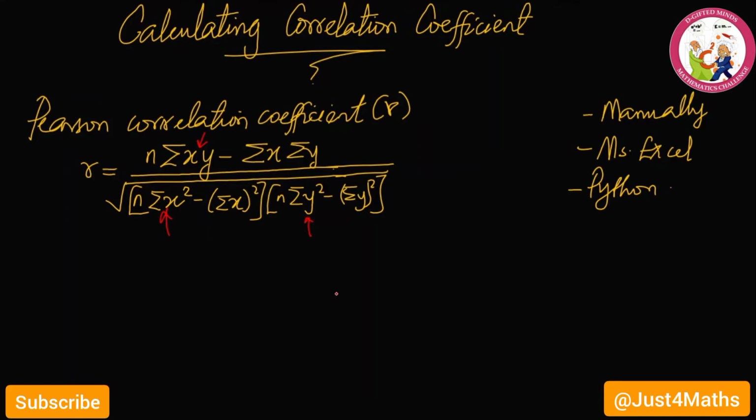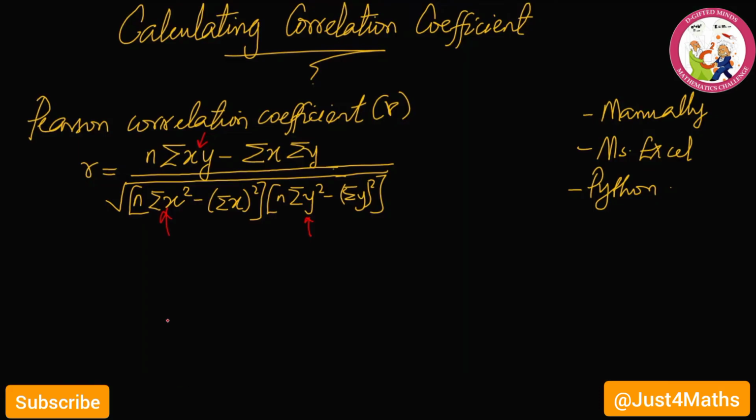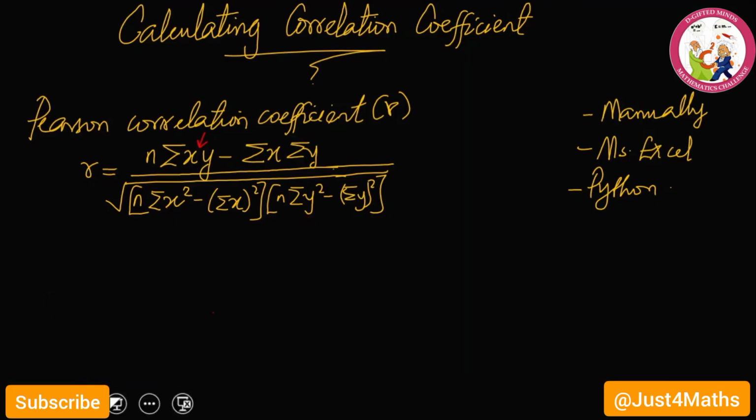In the formula, at the numerator we need summation xy, and right here we have summation xy. The value is 1,055,571. Let's plug that value into the formula, but before that I'll have to clean this. So we have r equal to, don't forget n is 30, that is the sample size.